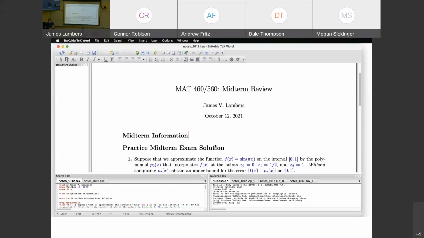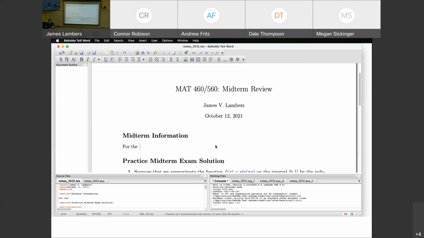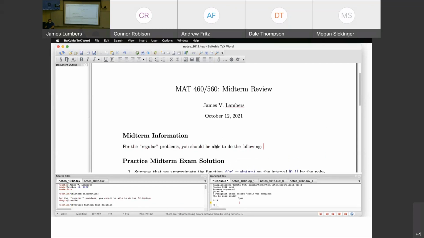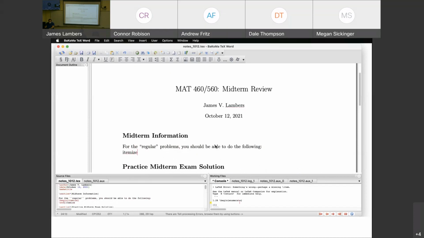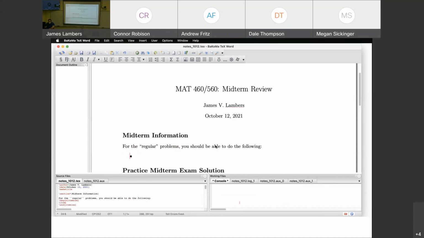All right. But first, I'm just going to do a quick rundown, even though you can see it from the practice, of the things that you should be able to do for the regular problems. And I'm typing these out in the order in which I think of them, not necessarily the order that they appear on the test.